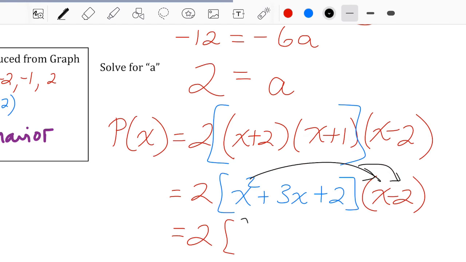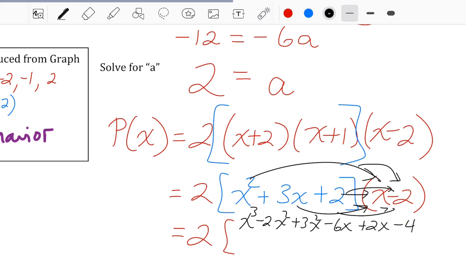I feel like I'm going to get an x cubed, a minus 2x squared. I feel like I'm going to get a 3x squared and a minus 6x. And then we still need to multiply this 2 to give me a 2x and a minus 4. We're going to combine like terms eventually to be x cubed plus x squared minus 4x minus 4.